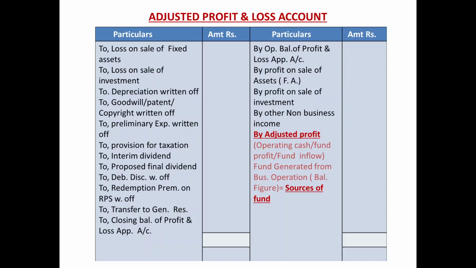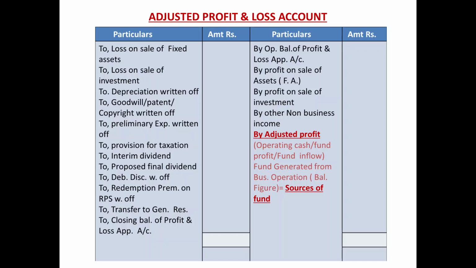By putting the opening and closing balances of the profit and loss appropriation account, you are recording the net profit of the current year. You have not recorded the net profit directly, but by putting the two balances from the balance sheet, you have recorded the net profit of the year.